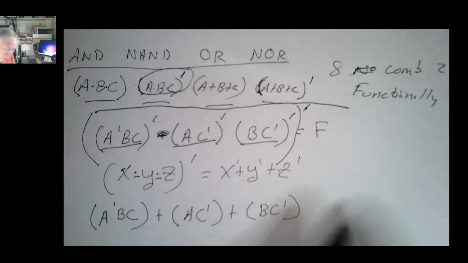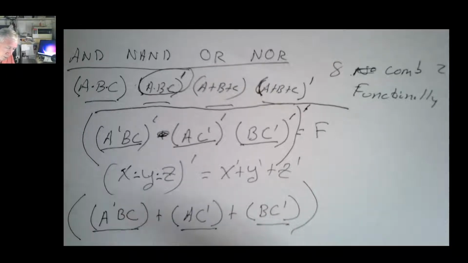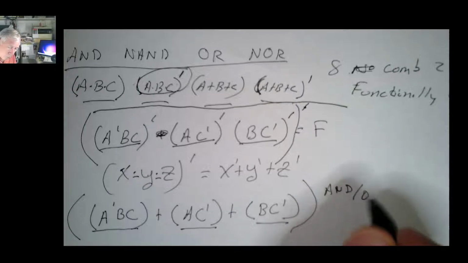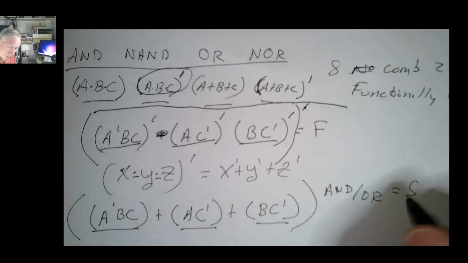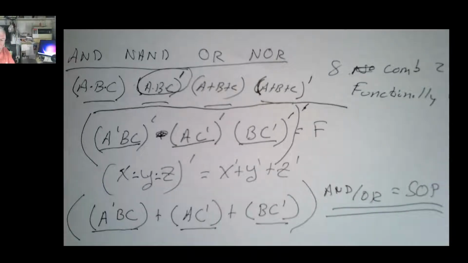And now you see we have AND gates and one big OR gate. So this is an AND-OR form, or its SOP form. So we know this is functionally complete, therefore we know that NAND is functionally complete.